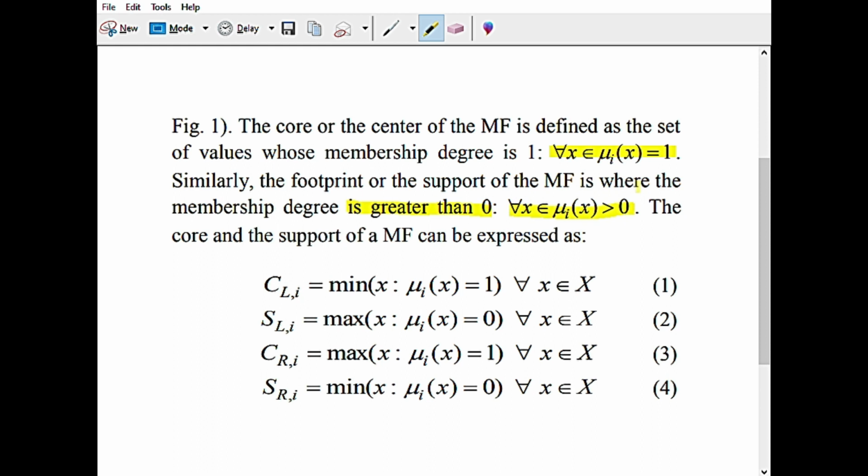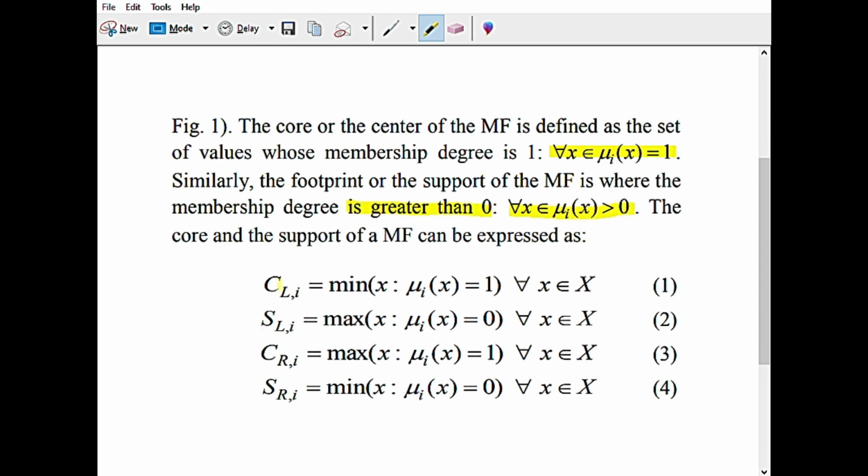Here, the core and the support of the membership function can be expressed by these 4 formulas. For the first and the third formula, the equations describe the left and right boundary of the core.